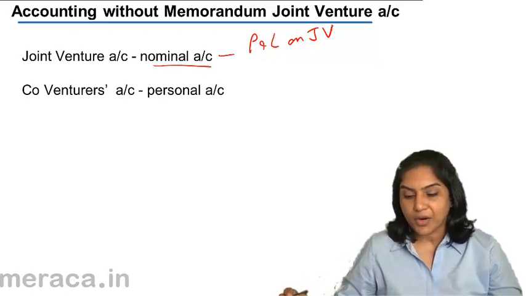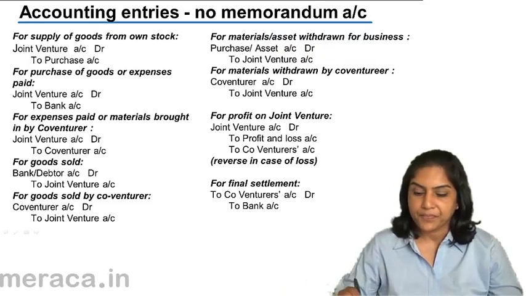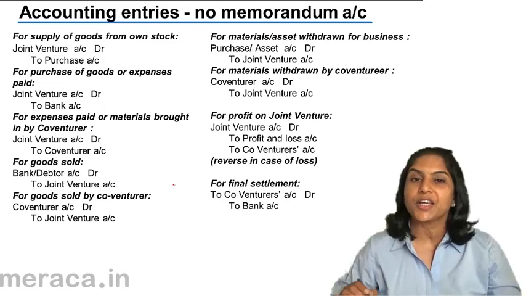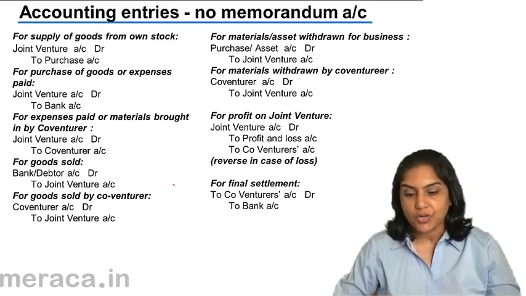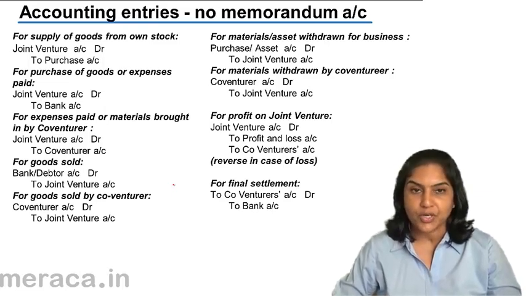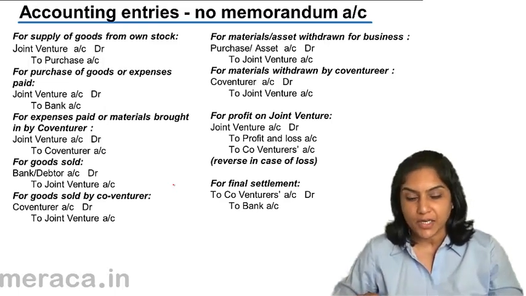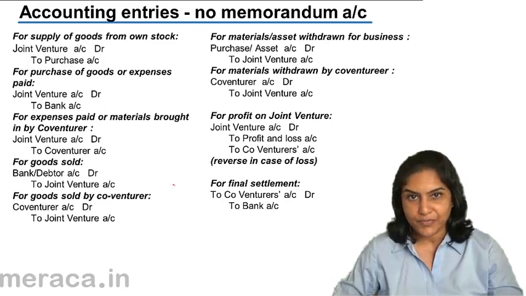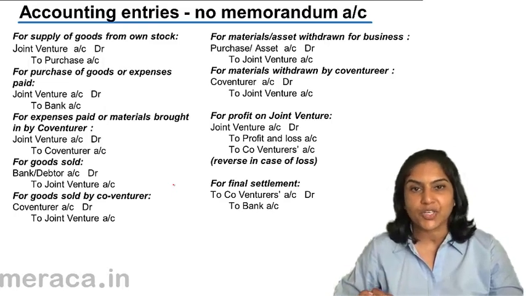Let us look at the accounting entries. First, this is a system by which all transactions relating to the joint venture are being recorded by each co-venturer in his own set of books. So first, for supply of goods from own stock. That means if Akash sends his own material to the joint venture, the entry would be joint venture account debit to purchases, assuming that the materials he has purchased have been debited to purchases account before.